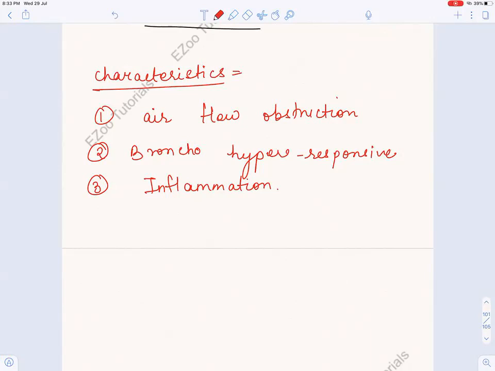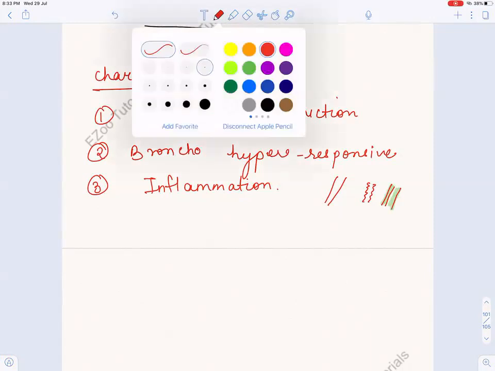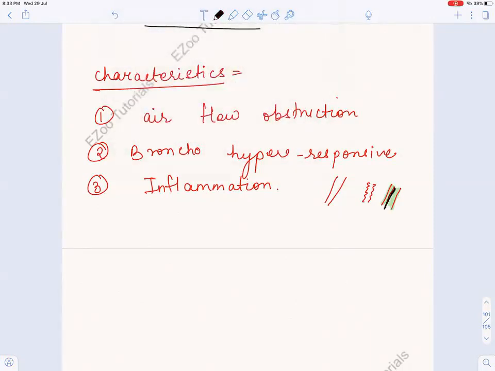At times few people just say that the bronchioles shrink. No, they don't shrink, they become inflamed. Shrink means they contract. No, inflamed means that this was the pathway and this is the inflammation. So that's why the area in which the air was going has reduced. So please remember this, inflammation.